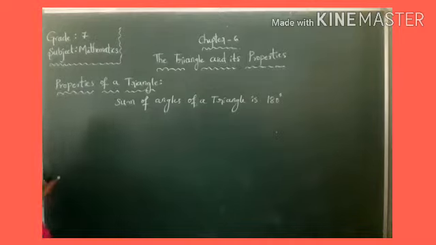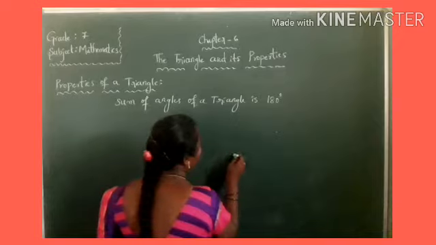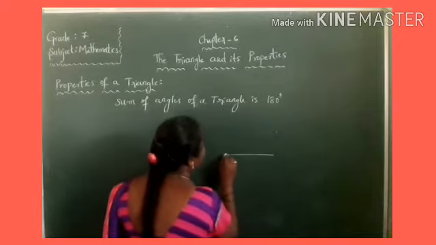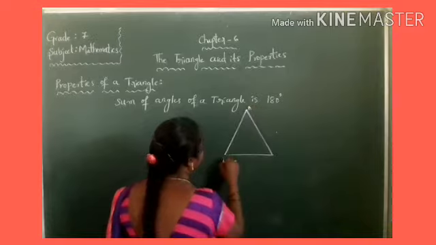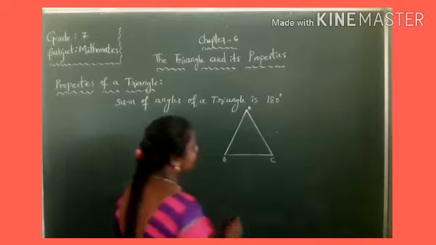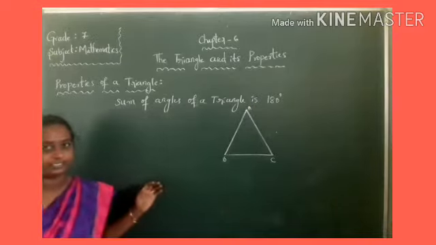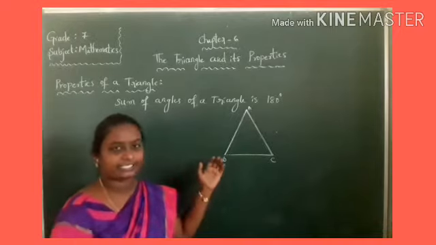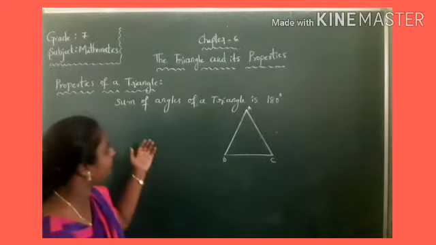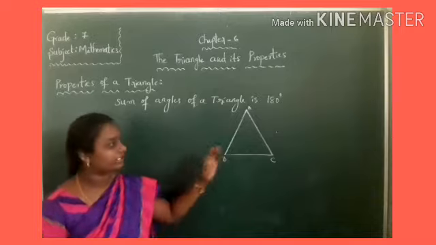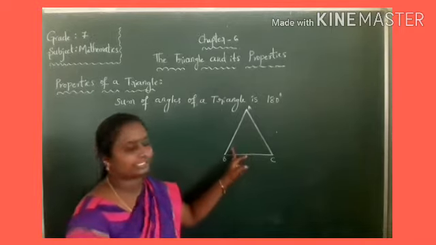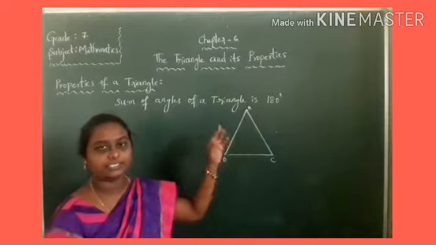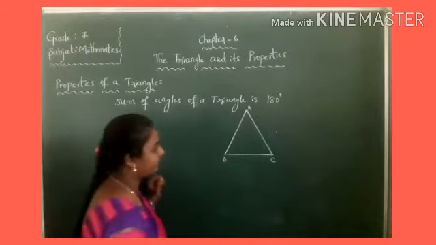Before that we have to draw triangle ABC. In the last class you learned that the exterior angle is equal to the interior opposite angles. Like that, here also we have to show the sum of all three angles in a triangle is equal to 180 degrees.